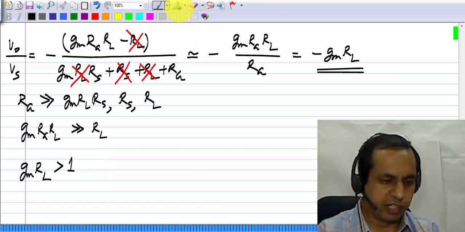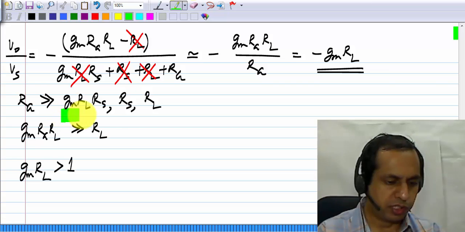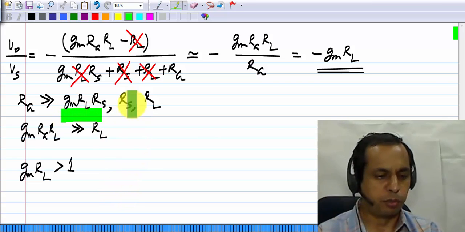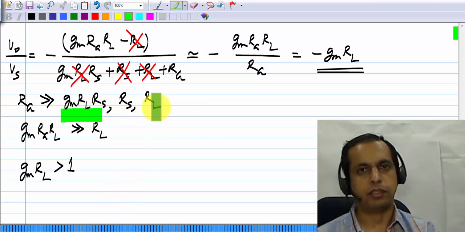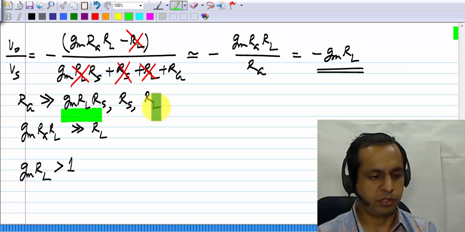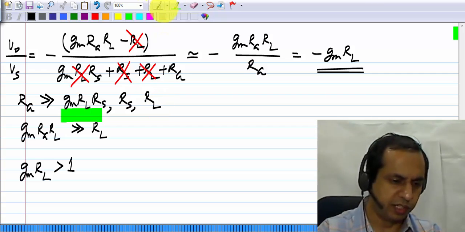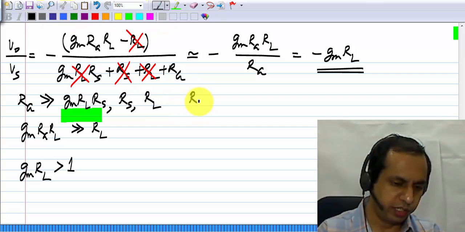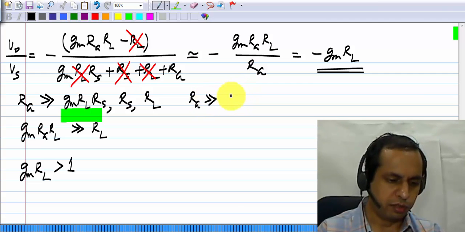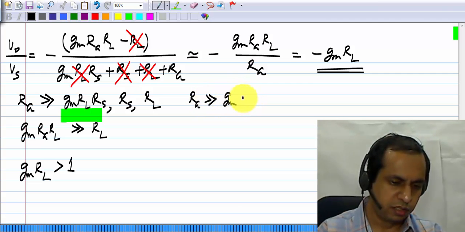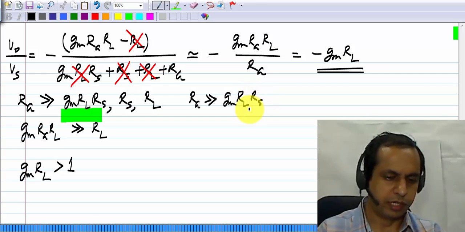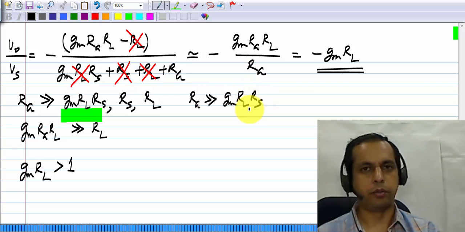So it's very obvious that if RG is much more than this first term, it will be automatically more than that one and that one, because you have this GM RL multiplying that. So essentially the condition we need is for RG to be much greater than GM RL RS.